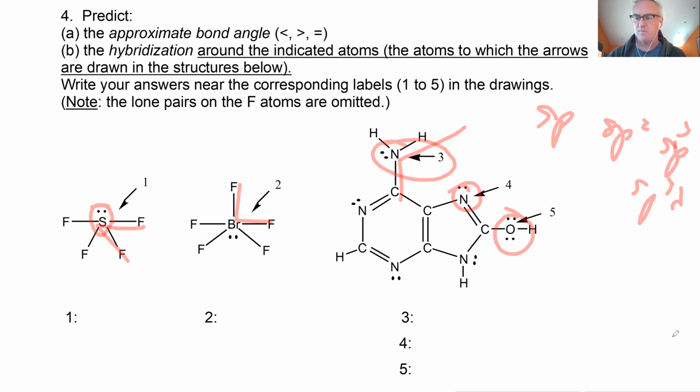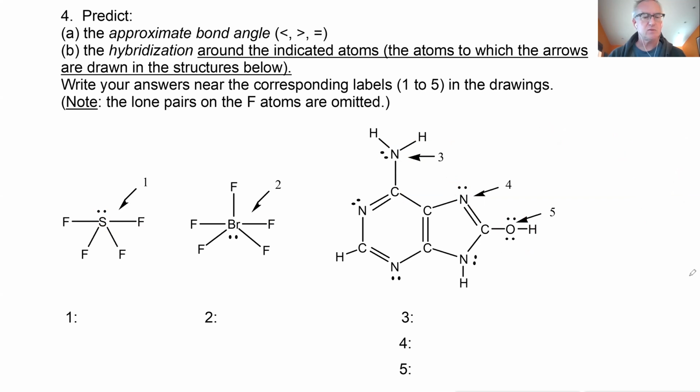Let's just look at the first one. So, what shape would that be? That's the first thing we need to ask ourselves, because we have no idea what the bond angle is going to be until we know what shape that is. And so we use our AXE formula to figure out what the shape is.